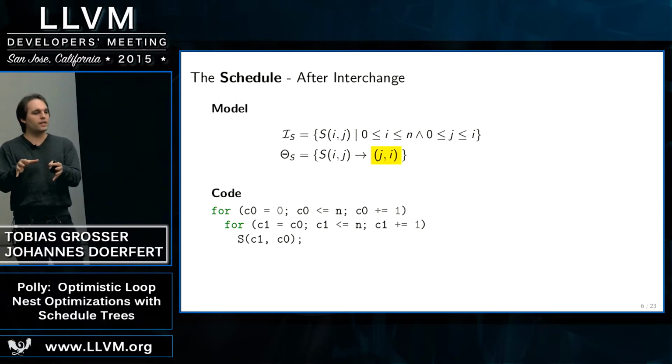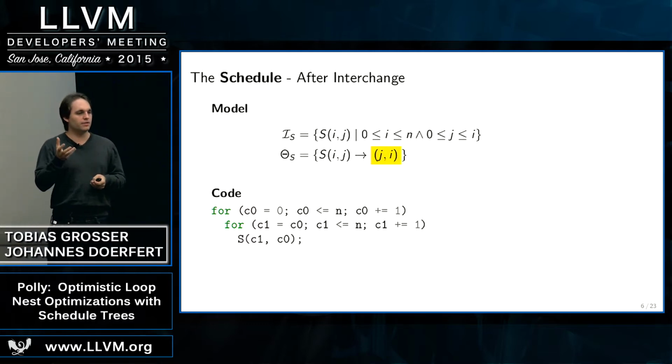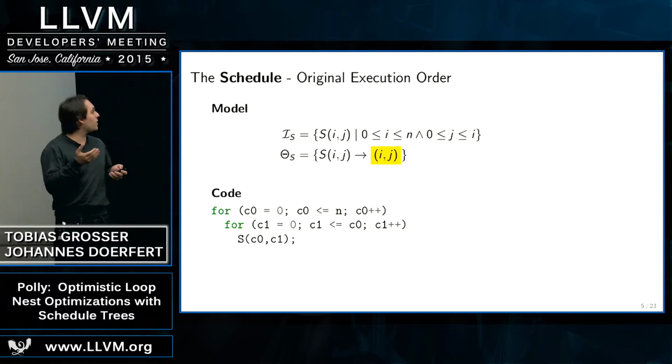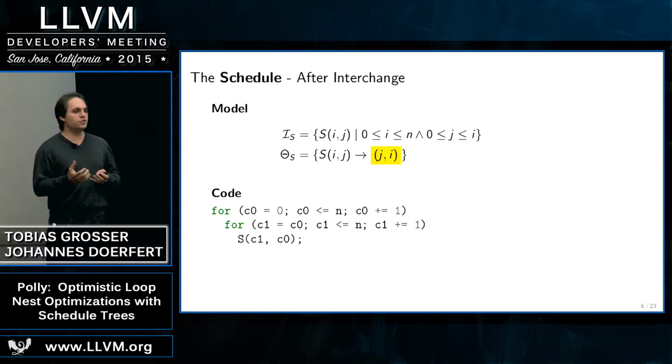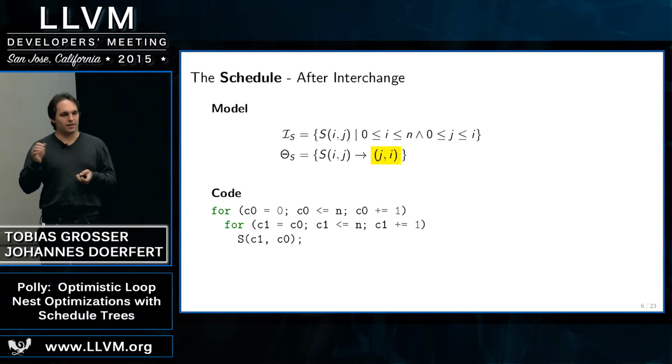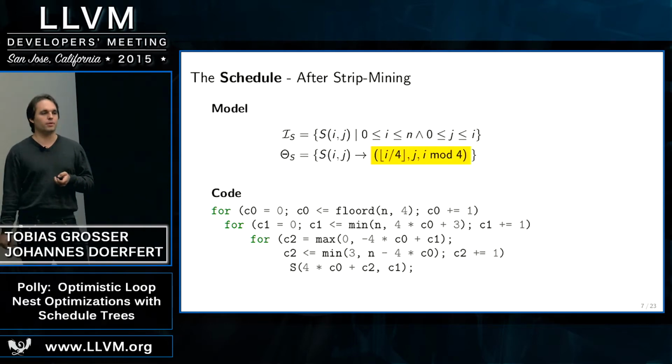We are extracting this kind of high level information, this mathematical representation, and Polly also, so you can play around with this, with the schedules, you can change the execution order, and Polly takes care of materializing the changed execution order in LLVM IR for you. So if you want to do a loop transformation, if you want to have a high-level optimization that optimizes for data locality, what we propose is really to just reason on a higher level, to reason about the statements, the execution order, and then let Polly generate optimal code for that.